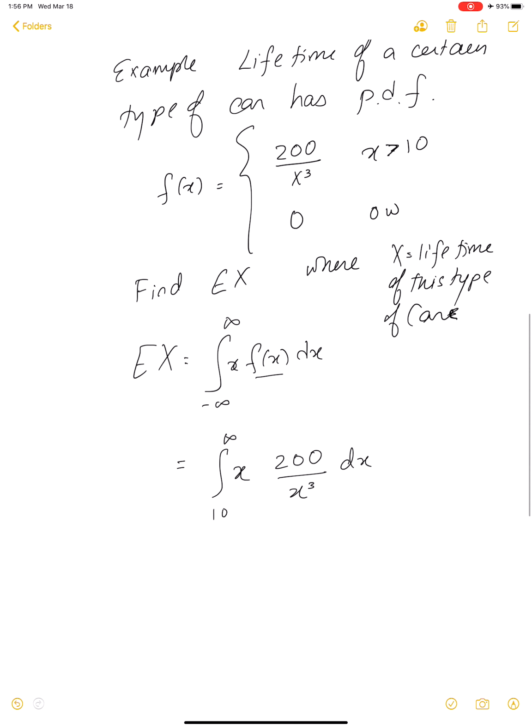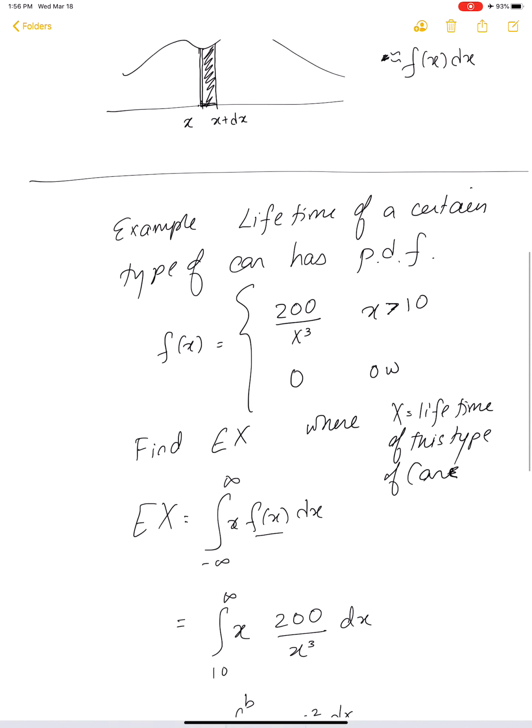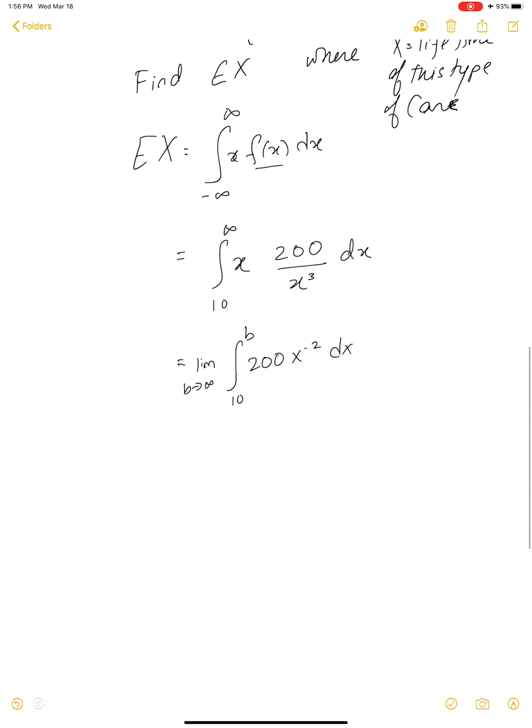All right. So we'll work this out. You'll have 200 x raised to minus 2 that you need to integrate from 10 to infinity. Okay, it's an improper integral, so I'm writing it as a limit. And what will this be?